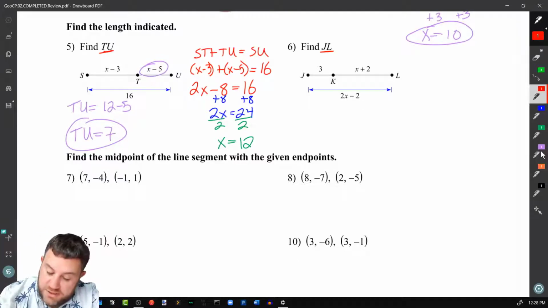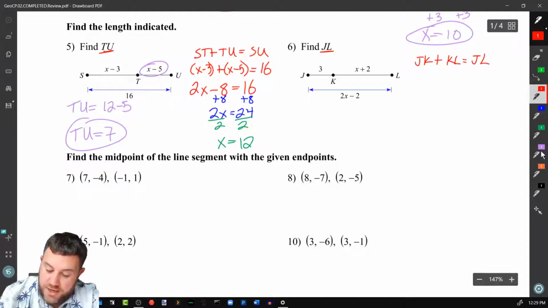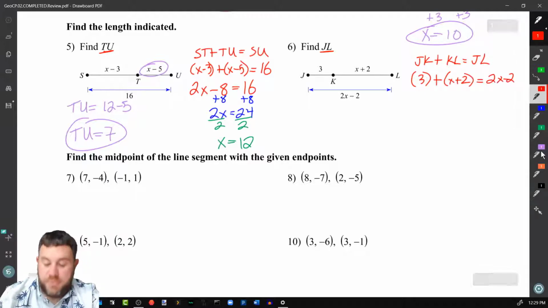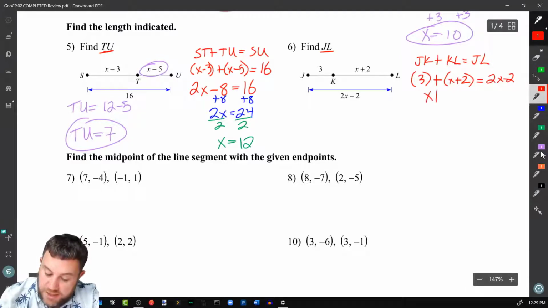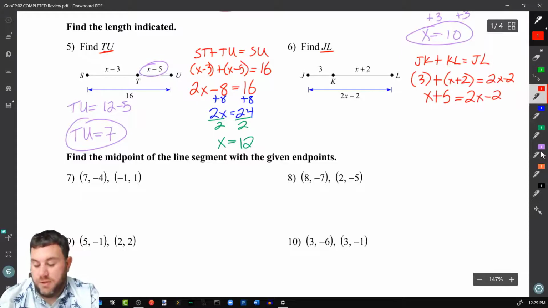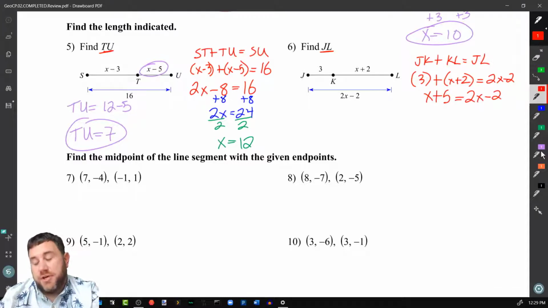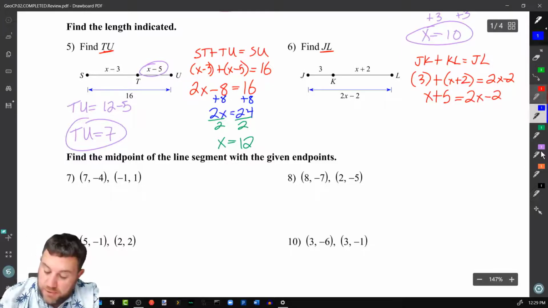For number 6, JK plus KL equals JL. That'll be 3 plus X plus 2 equals 2X minus 2. Combine like terms. That'll be X plus 5. And this time, just to show you that it works either direction, I'm going to move my X's to the right side.